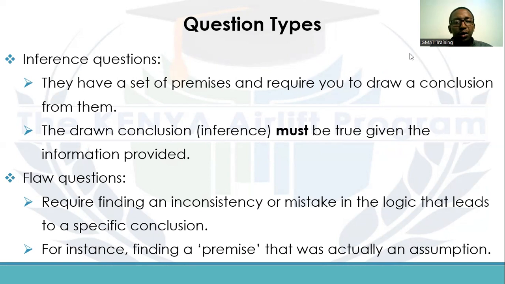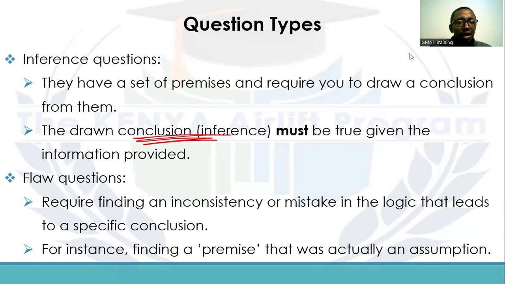So you find an answer choice where the information must be true, given the information you provided. So you're only missing a conclusion and you're supposed to draw a conclusion. So that conclusion is what we call an inference. So you are inferring from the information that you have.